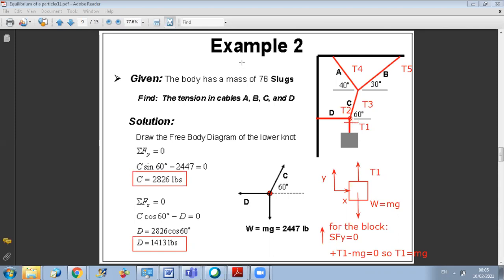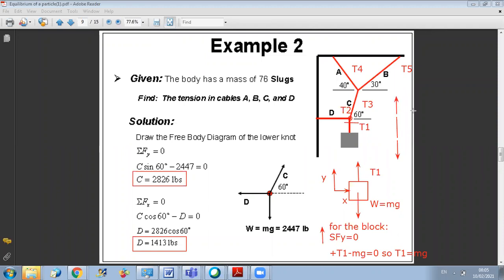If I draw the free body diagram of the cable, the block will push it down, while this point here will push it upward, because a cable can only sustain tension.